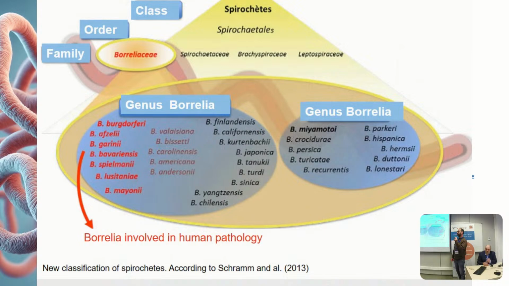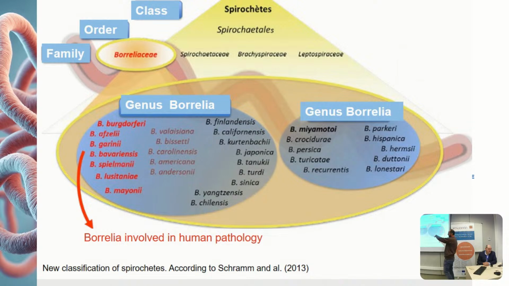And for Lyme disease, there are a lot of Borrelia, as you can see, but scientifically, actually only the ones in red are associated with Lyme disease, but not the others.